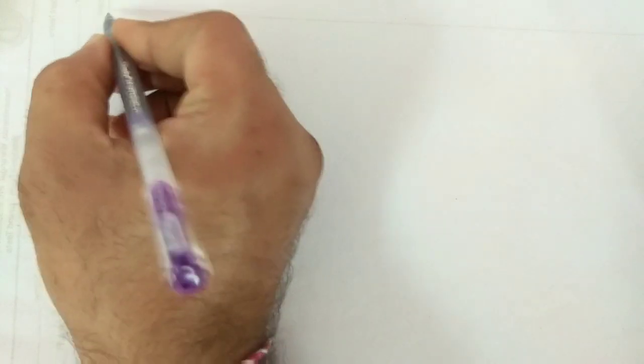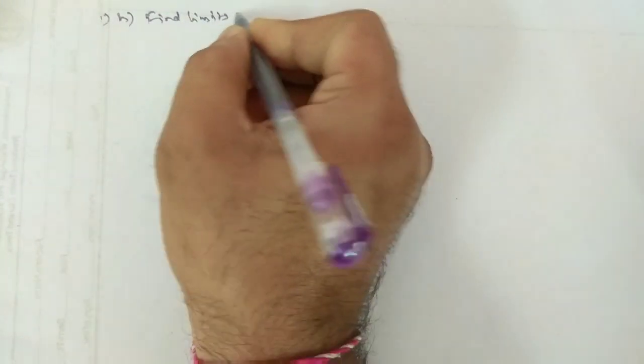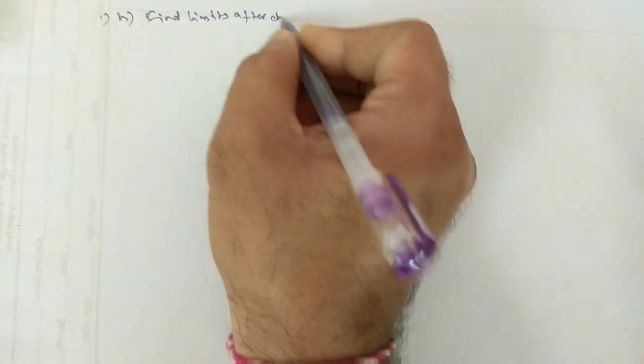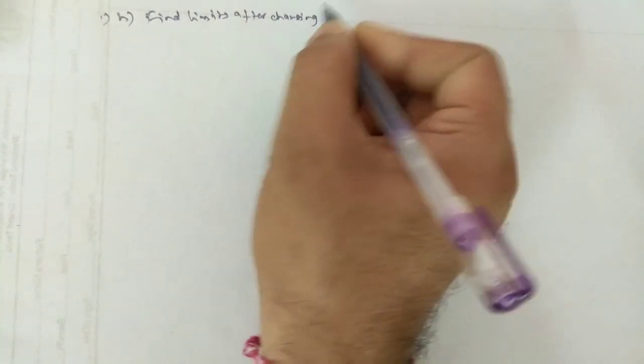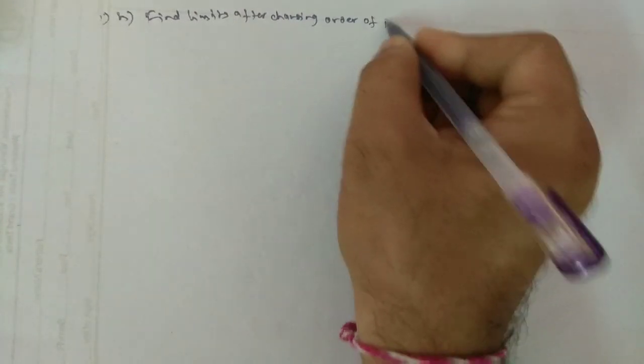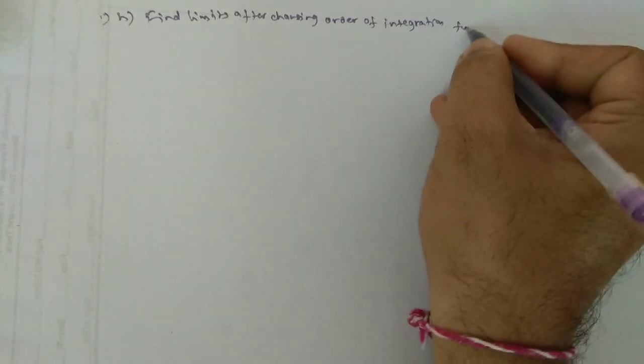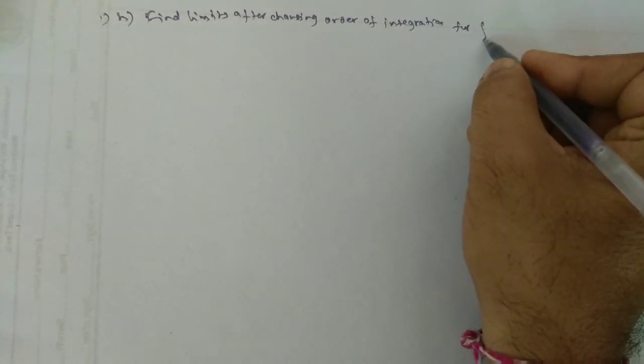So here is the next continuation problem, somewhat different, 1H bit. In this, find limits after changing the order of integration. They have given a double integral.